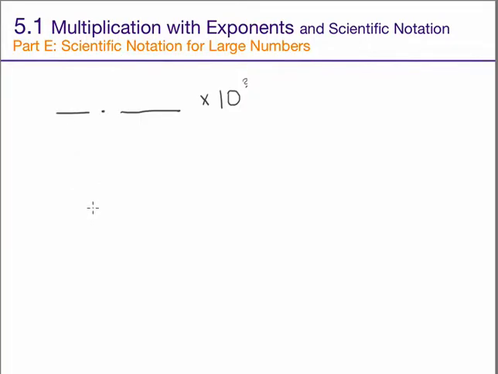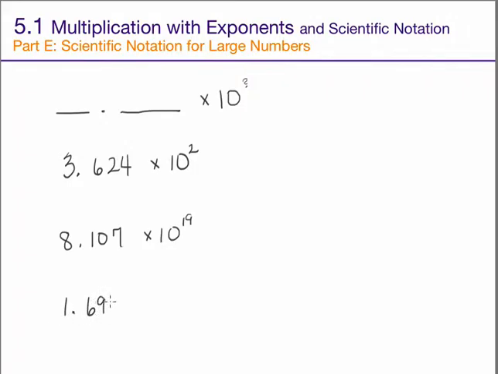Here are some examples of numbers in scientific notation. 3.624 times 10 to the 2. 8.107 times 10 to the 19th. 1.6998 times 10 to the 10th. 9.107624 times 10 to the 100.